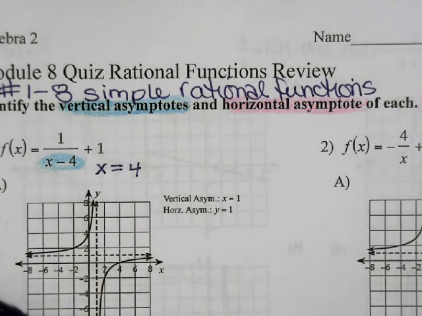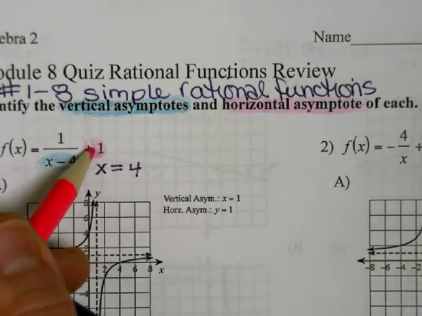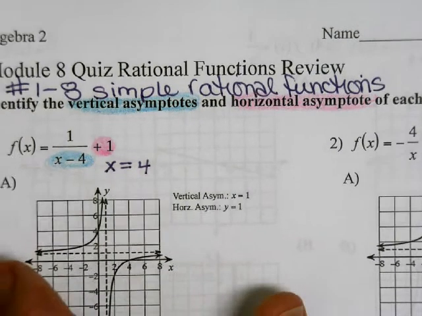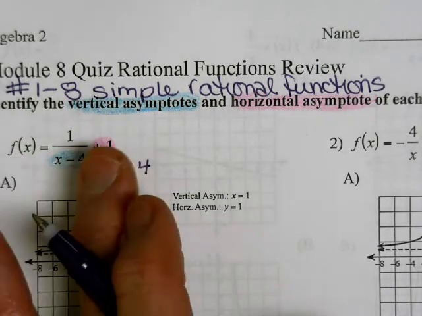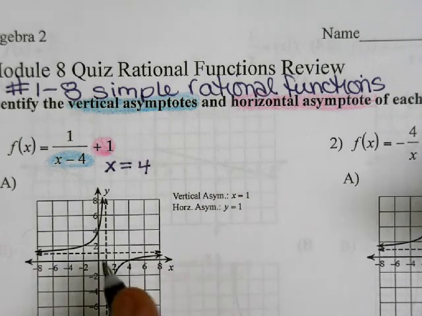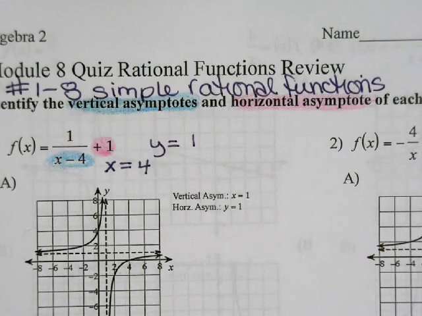Then our horizontal asymptote is the k number. Remember ABHK? There's just the k. We can count on that being a whole number on these first 8. And so that is your horizontal asymptote. And that's your first 8.